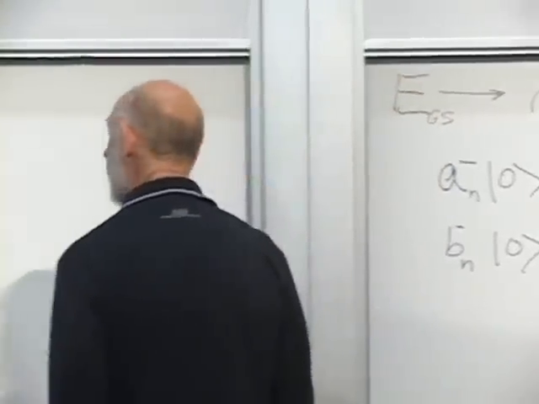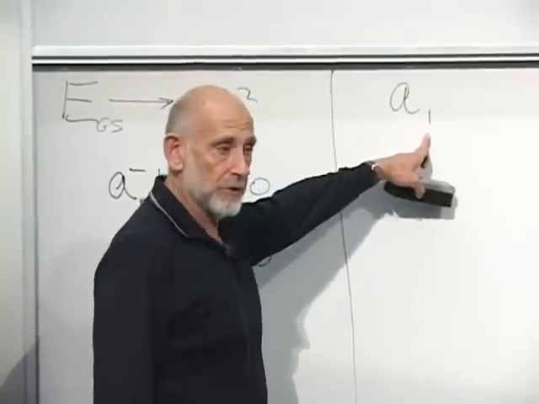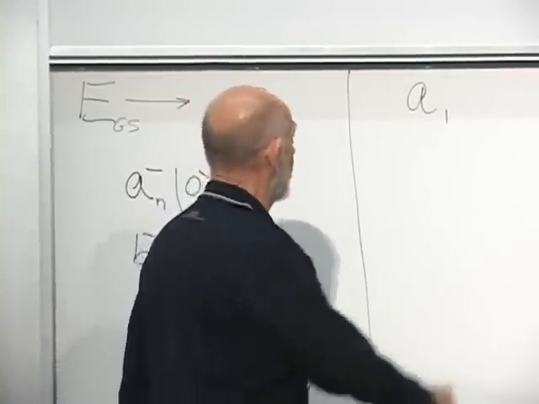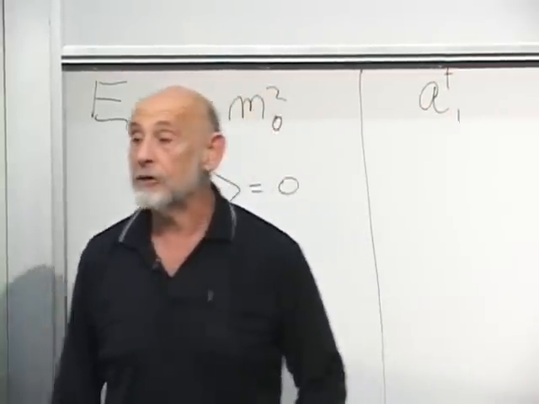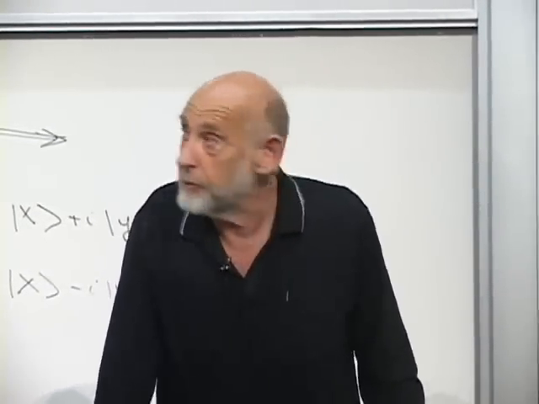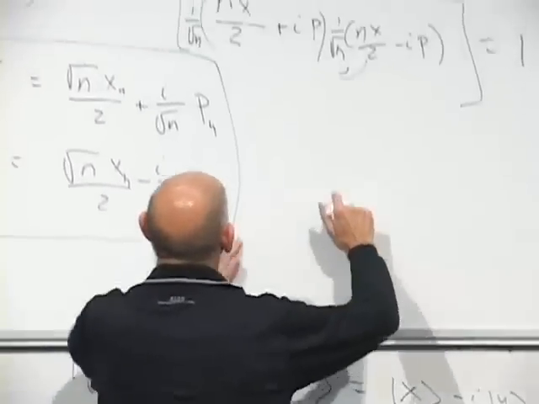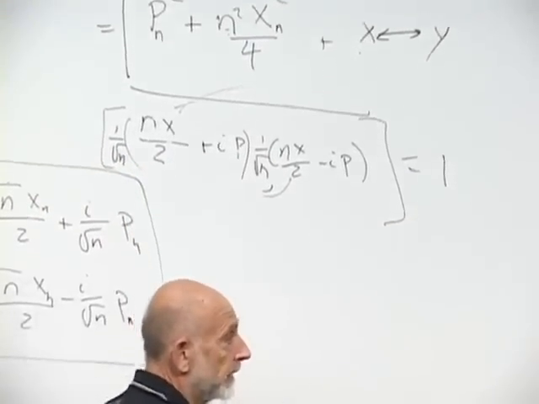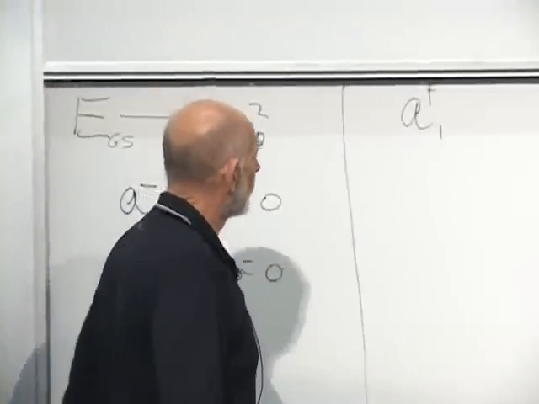Remember, each oscillator increases the energy by its frequency in units. So if we want the lowest energy, we want to hit it with the oscillator of smallest frequency. The oscillator of smallest frequency corresponds to n equals 1. So we hit it with A sub 1.